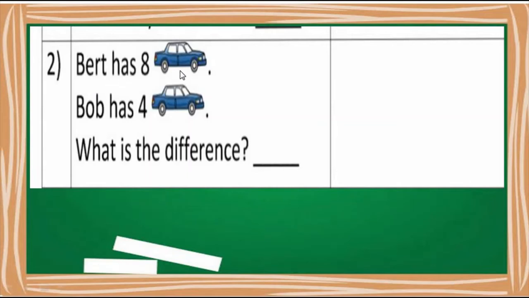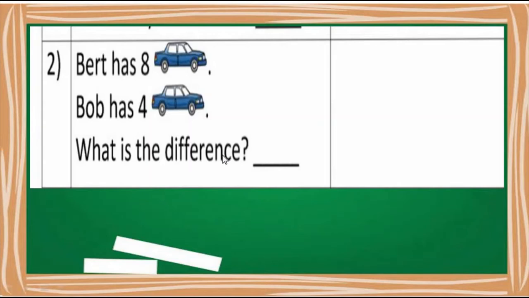Bert has 8 cars. Bob has 4. What is the difference? Now look here, my dear students, how can we find out whether this sum is of addition or of subtraction?